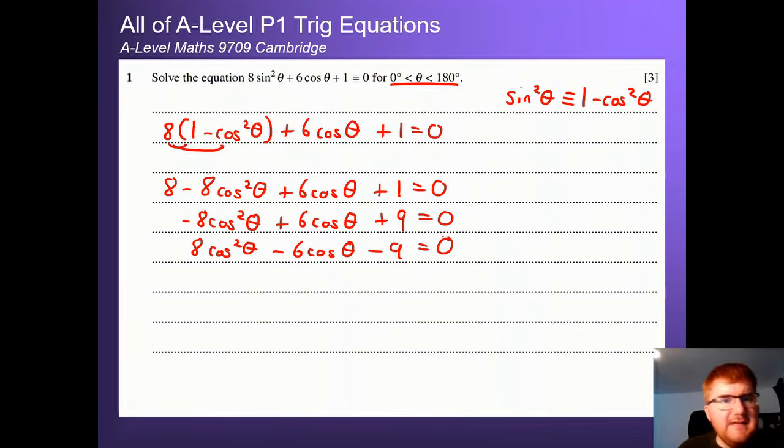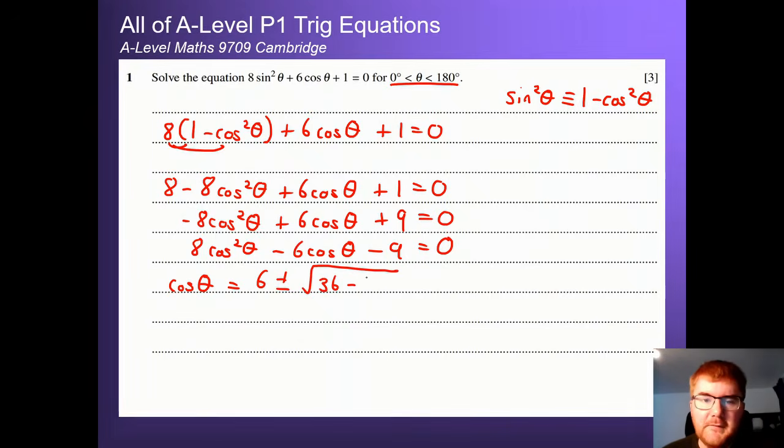Again, I always take a little look in case I can actually factorize it here. It doesn't come to me straight away, so I'm probably going to use the quadratic formula. Used it a lot in this particular video. So we have minus b, which is 6, plus or minus the square root of b squared, which is 36, minus 4 times a, which is 8, times minus 9, all divided by 2a, which is 16.